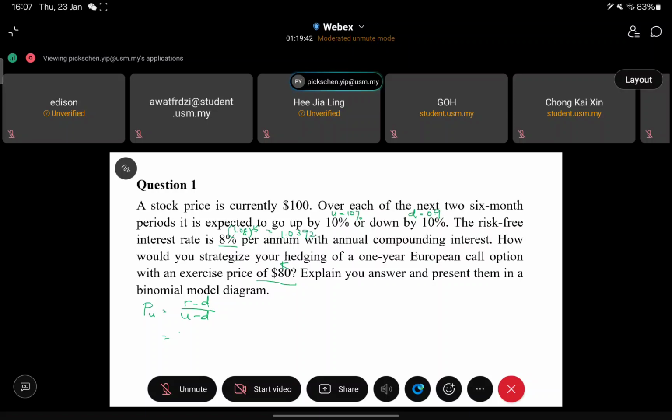Then you substitute into the equation: 1.0392 minus 0.9, divided by 1.1 minus 0.9. It is equal to 0.696. And the probability that the stock price goes down is 1 minus PU.